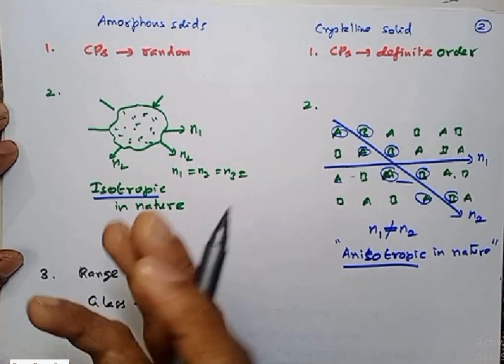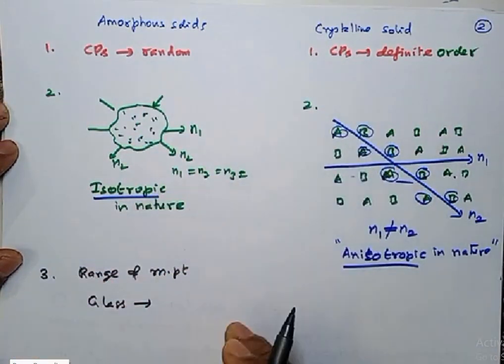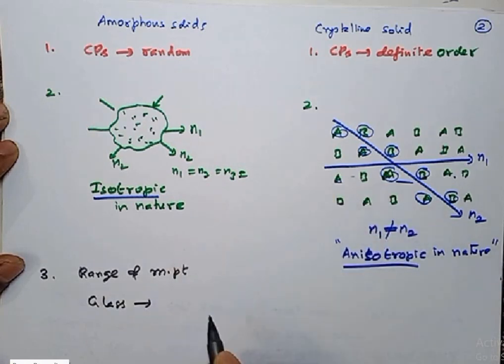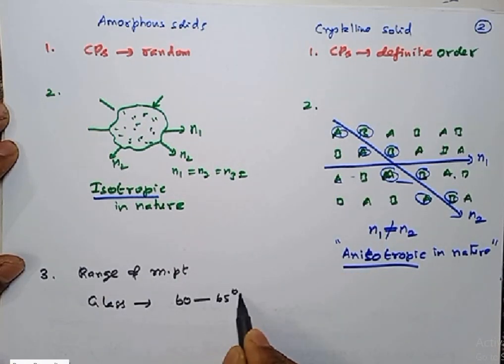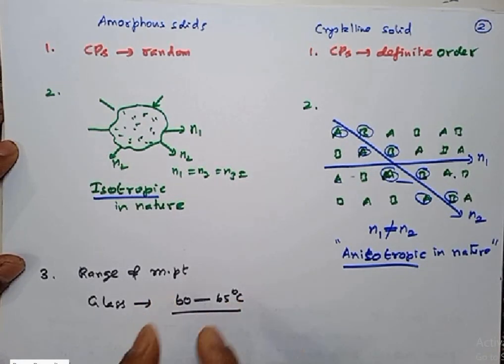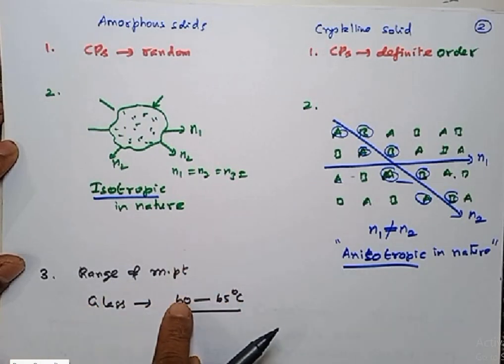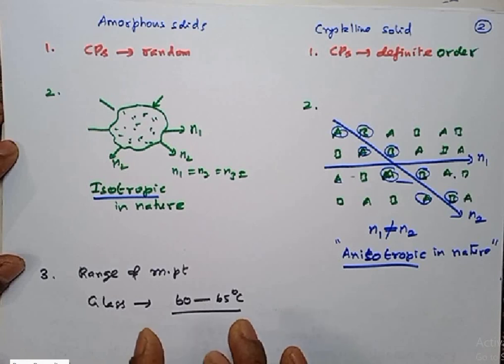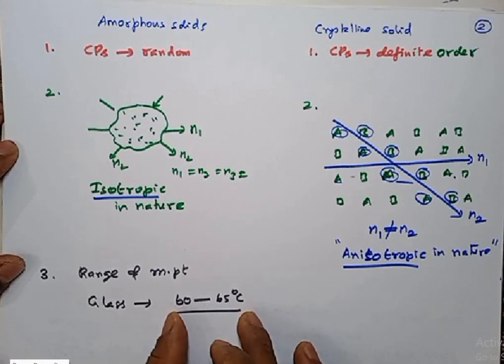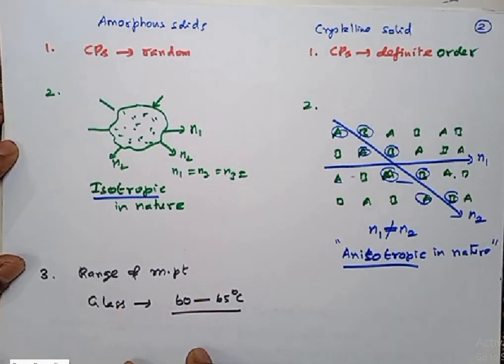If I give you a glass piece and ask you to find the melting point, we say generally that it melts between 60 to 65 degrees Celsius. We cannot give a sharp melting point, only the range. It can melt at 61 or 60.5 or 64.5, whatever it is. We can provide only the range in the case of amorphous solids.